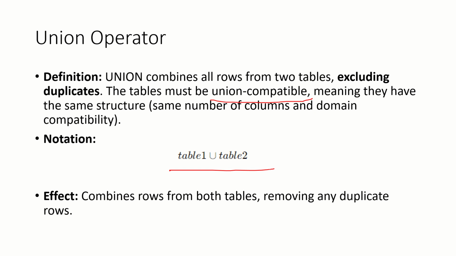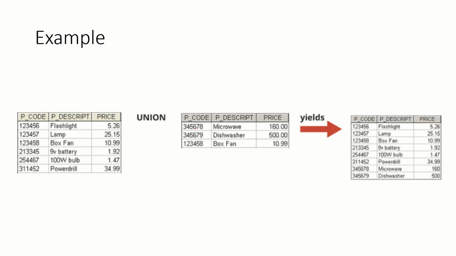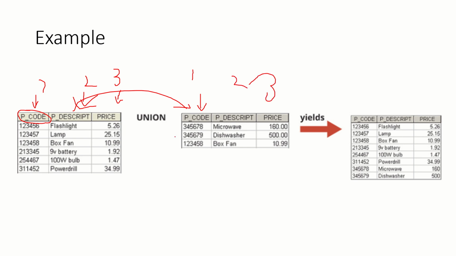This is how we write it down. Okay, so this is an example. We're trying to combine these two tables. So you need to see this is the first column. They do have the same number of columns: 1, 2, 3, 1, 2, 3, right?